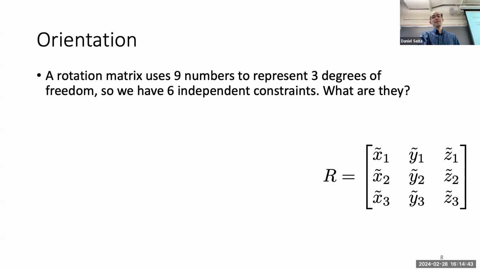Something similar happens here. And again, this is just a way of writing out a 3x3 rotation matrix. This is the notation that one of the books uses. So we have 6 independent constraints on the numbers that have to be put in here. You can't just have arbitrary values of x, y, and z. They have to be constrained in some way.